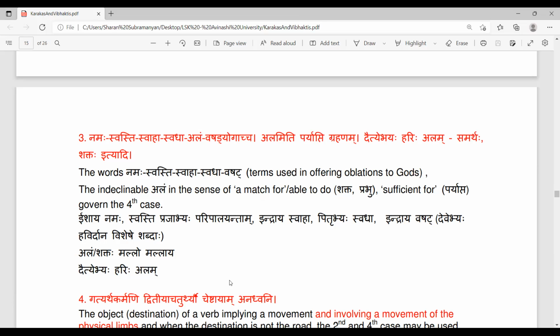Alam can have different meanings also, but here it is in the sense of a match for or able to do, or paryapta, enough, sufficient for. So Daityebhyah Harih Alam means Hari is enough for the Daityas, for the Asuras. In that sense, when it is used, Daitya takes Chaturthi Vibhakti, Upapada Vibhakti.